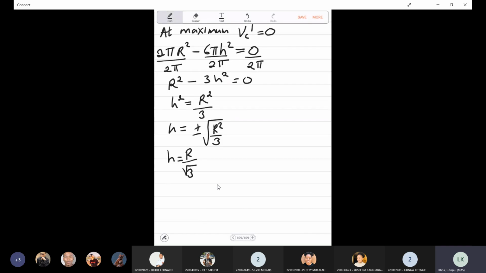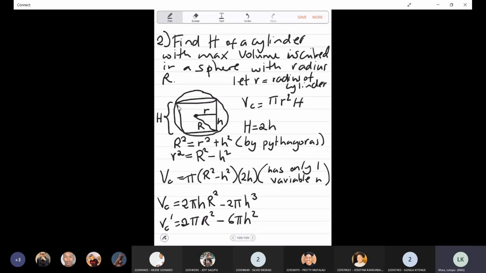Okay, so key thing with this question and with a lot of questions in the exercise is your drawing must be correct. So there's no drawing given to you in the question. You must draw it accurately. You must be able to see all of these things and then apply your previous knowledge like Pythagoras, the volume of a cone, and so on.